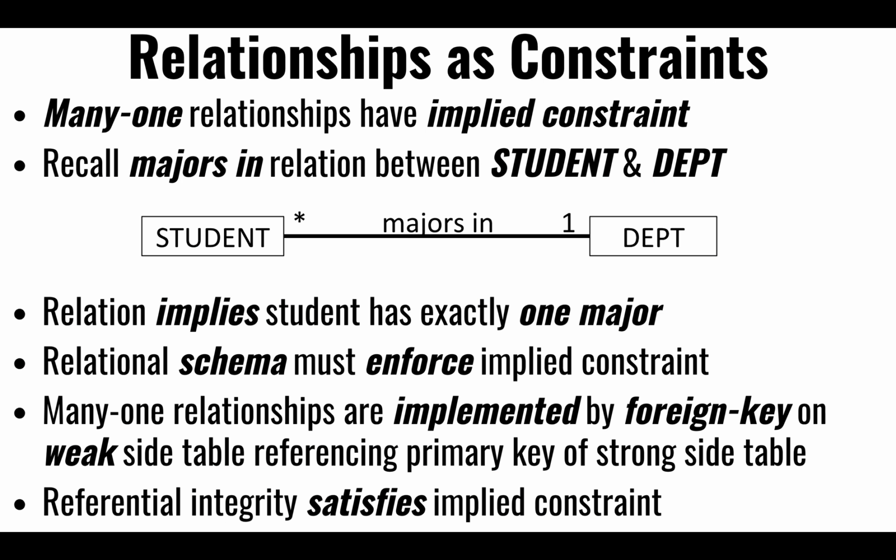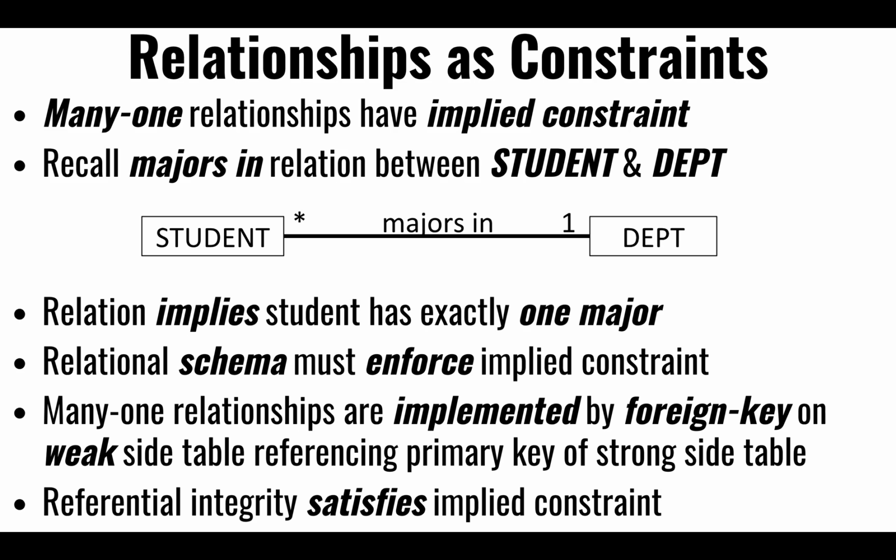Okay. So first, let's understand what it means when you create an association like this. For instance, if you have a student and a department, and you have a one-to-many relationship between the two, this diagram implies a particular constraint.